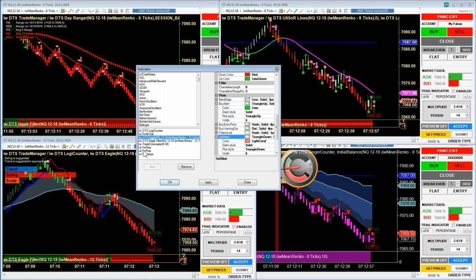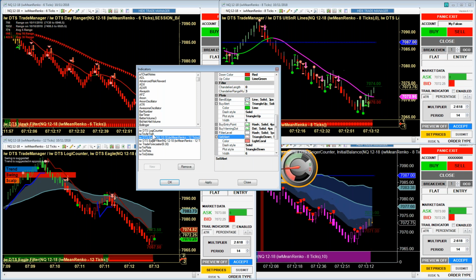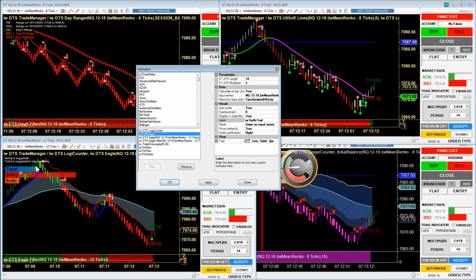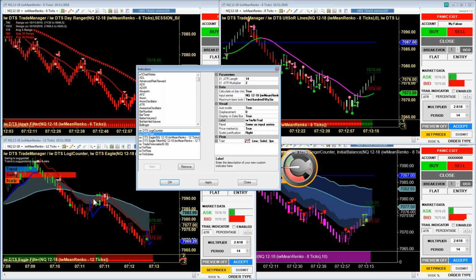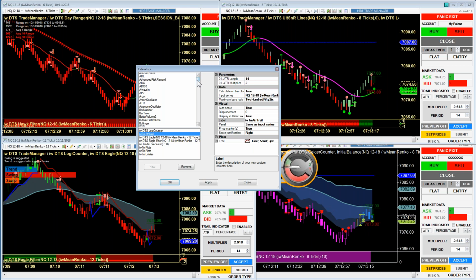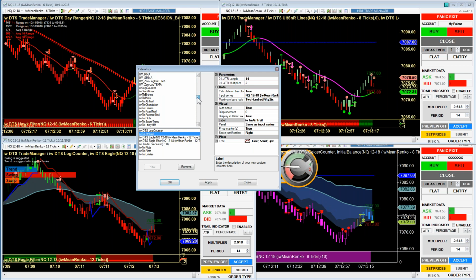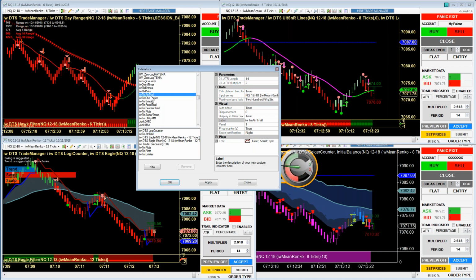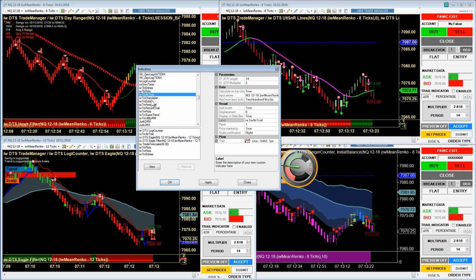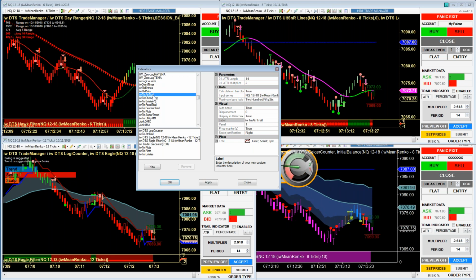And we discussed this the other day with the ATR line displayed. You just go into your indicator assortment and find the one labeled IWTM ATR trail.